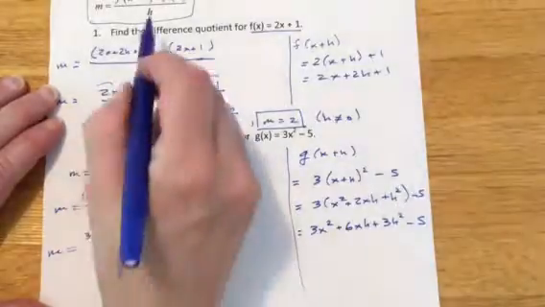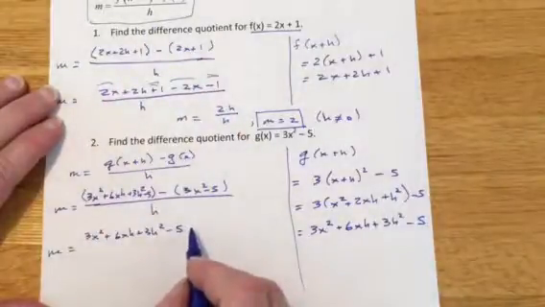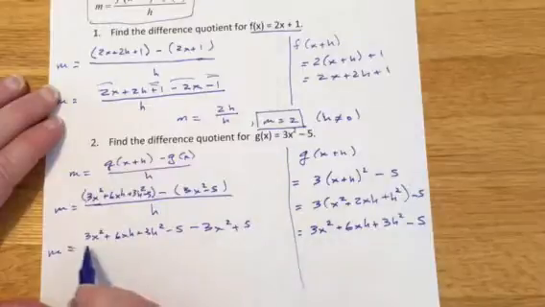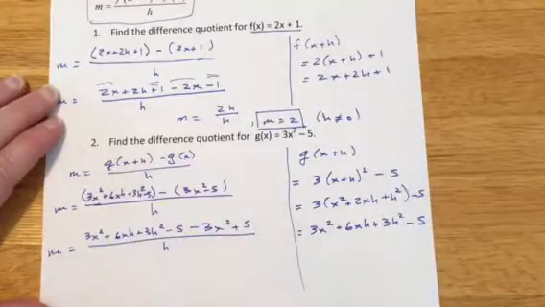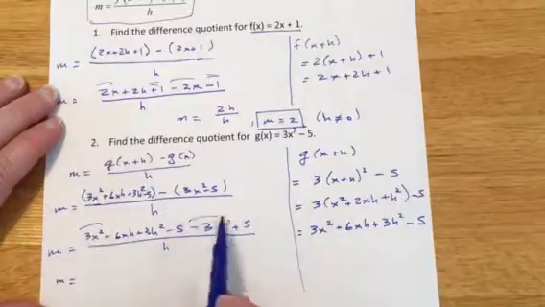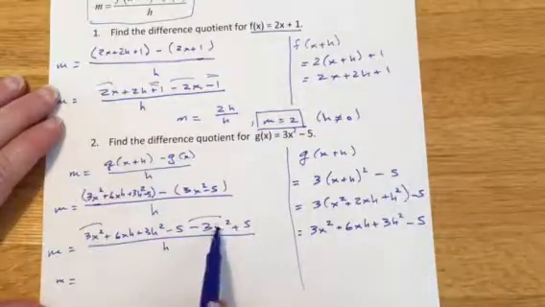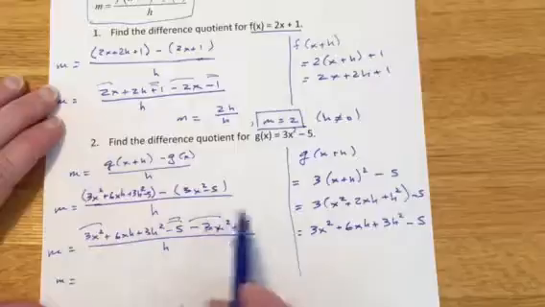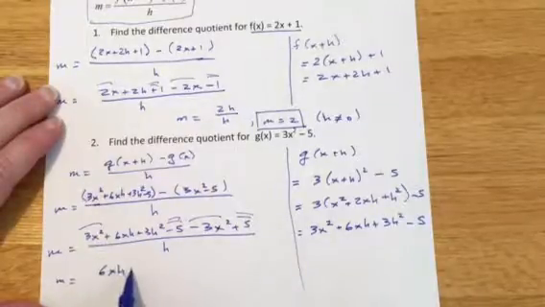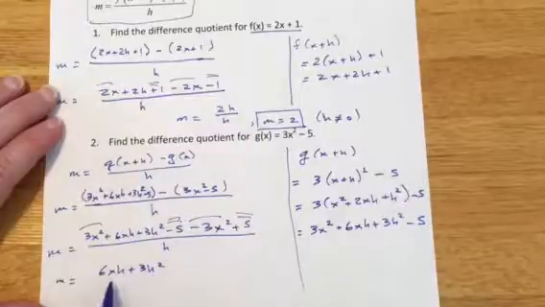Minus, this will always be minus. That's part of the definition or the formula for the difference quotient. So it's a minus 3x squared plus 5. Keep in mind, just defined to be an h in bottom. You would expect a few terms to drop out. So we have the plus 3x squared minus 3x squared. We have the minus 5 plus 5. So we only have a couple terms left on top, 6xh and 3h squared.